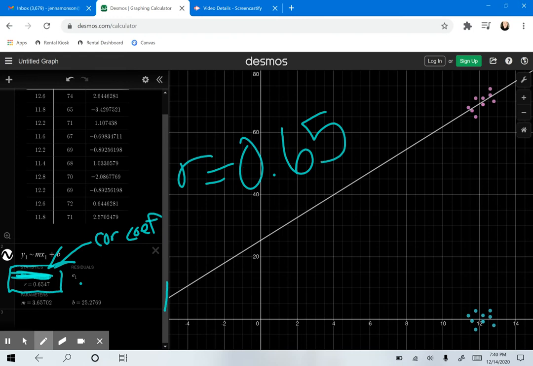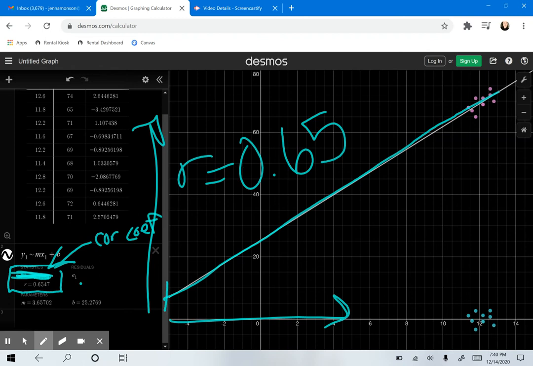Okay, so what does that tell you about this relationship? Well, think about it before looking back at your notes. The R is positive, so that means as x is increasing, y is also increasing. So we have that positive slope, so that's good. And then the strength of the relationship.